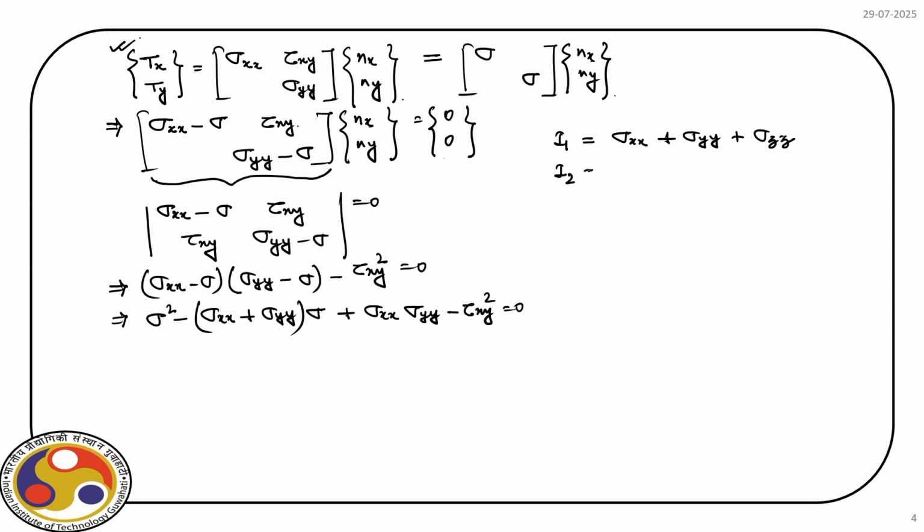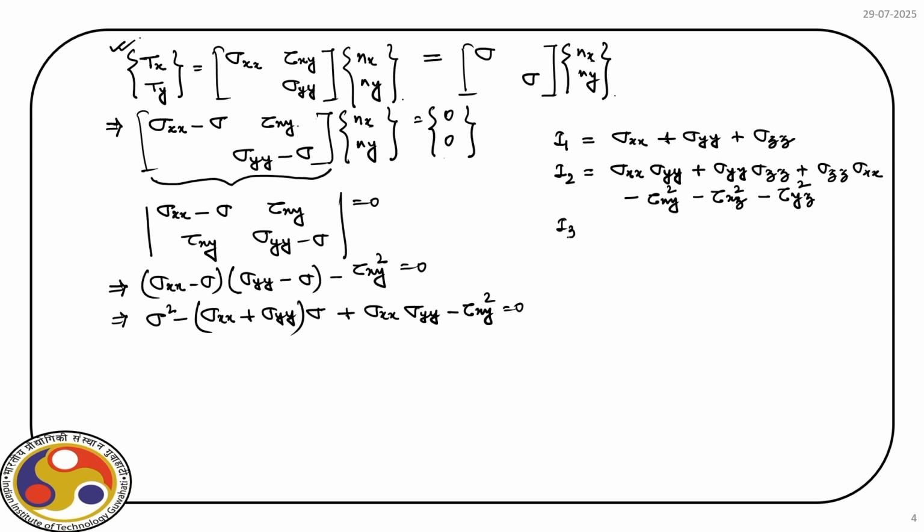I2, the second invariant, is sigma xx times sigma yy plus sigma yy times sigma zz plus sigma zz times sigma xx minus tau xy square minus tau xz square minus tau yz square.